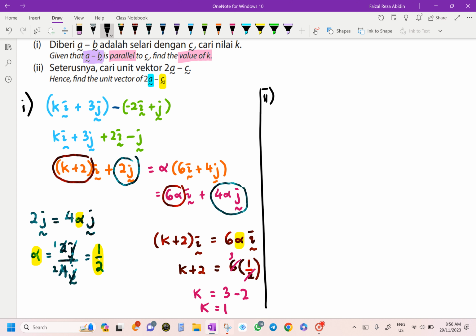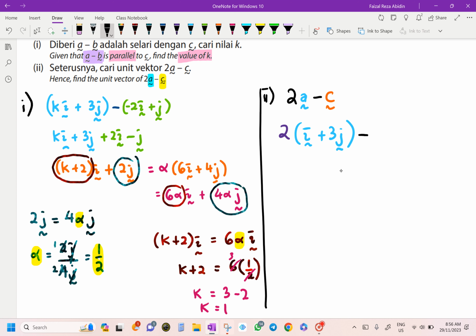Number 2. The question here is asking for us to find 2a minus our c. So 2a just now we have what? k is going to be 1, right? So i plus with 3j only.